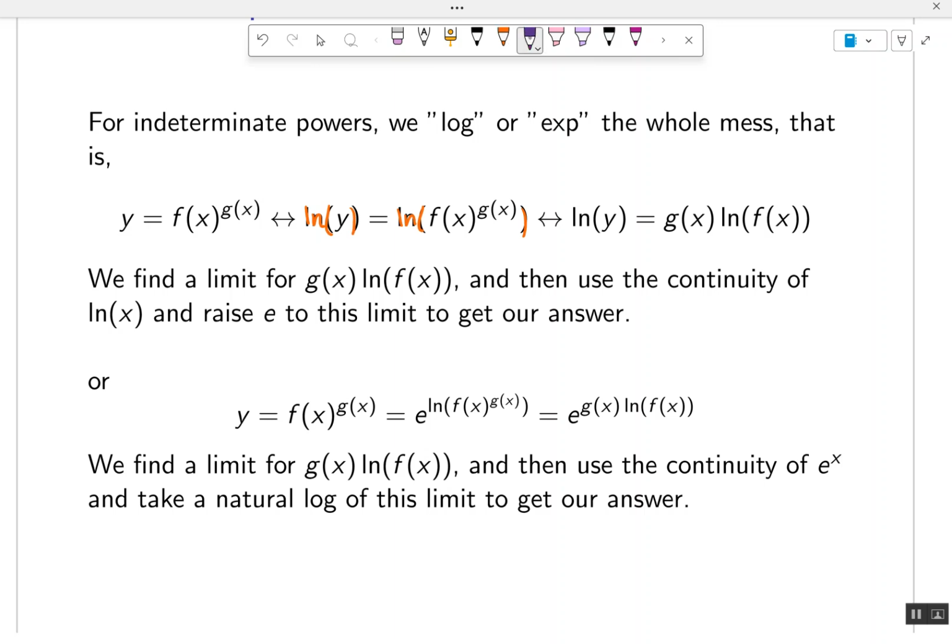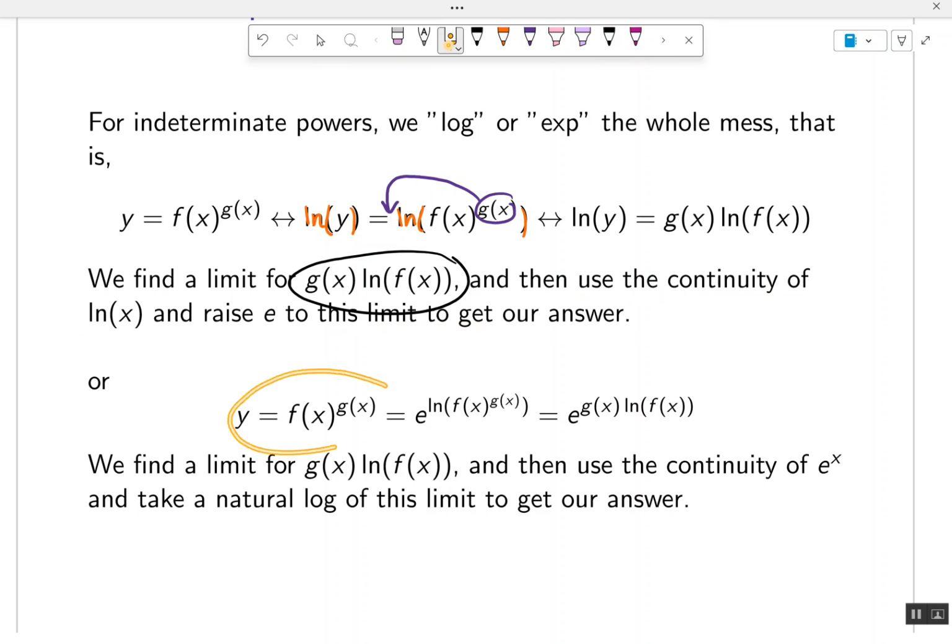And we use our favorite trick, which is this exponent can come to the front. Then we find a limit for this one. And then we're able to use the continuity of natural log and raise e to this limit to get our answer.